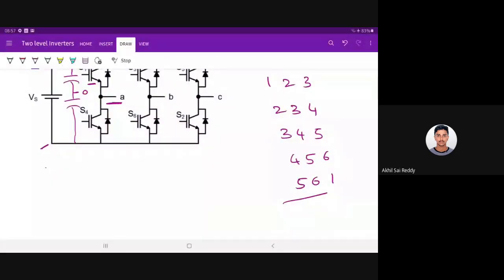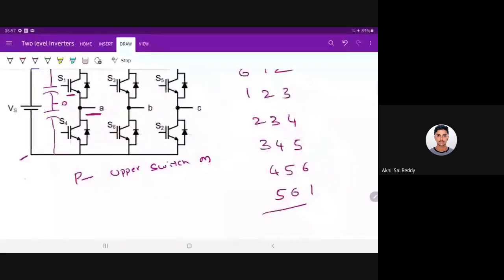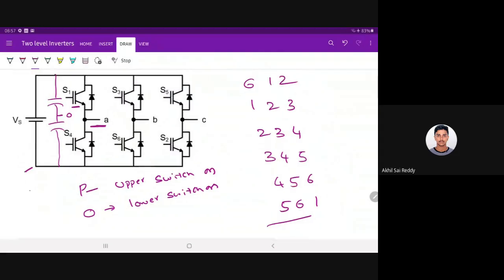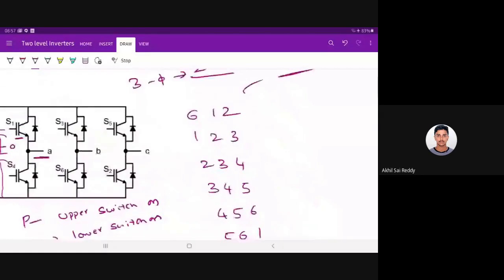So assume that when the upper switch is on, the switch state is P. Similarly, assume that the switch state is 0 when the lower switch is on. Just simply remember: P when the upper switch is on and 0 when the lower switch is on.